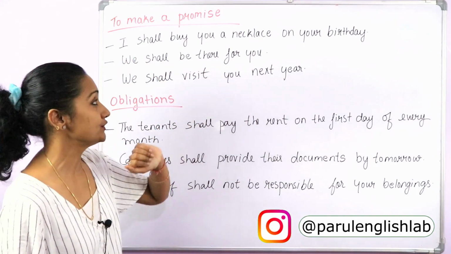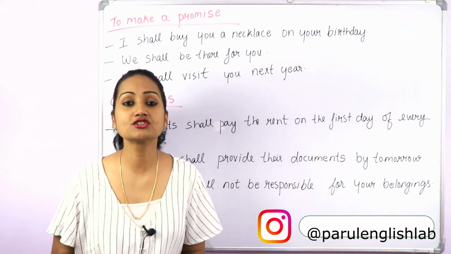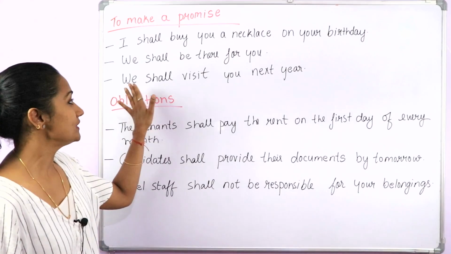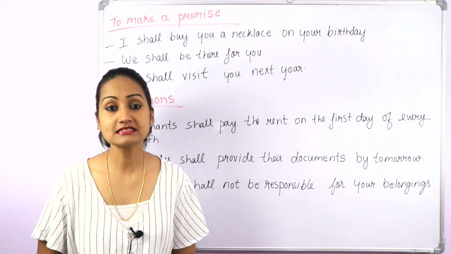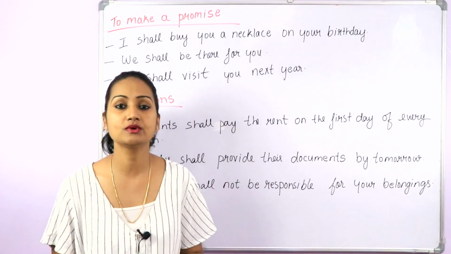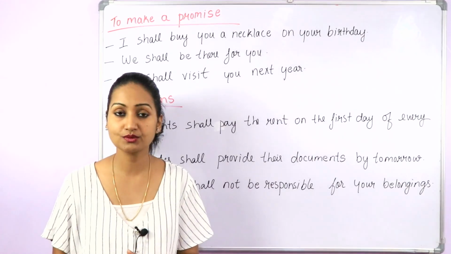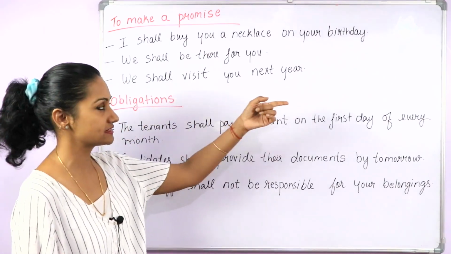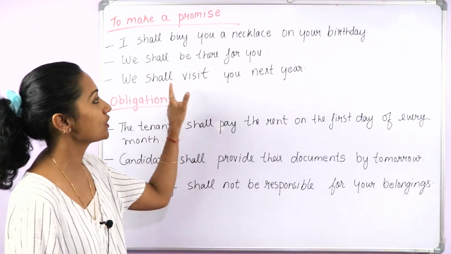We shall be there for you. Whenever you need us, we shall be there for you. We will be there for you. Don't worry. We shall visit you next year. This year we couldn't meet you, but next year definitely we shall meet you. We shall visit you. So this way you can use shall in a declarative sentence using I and we.